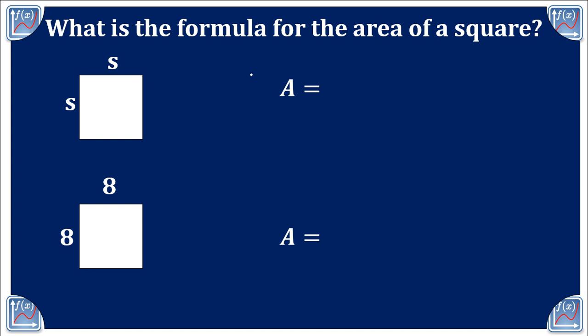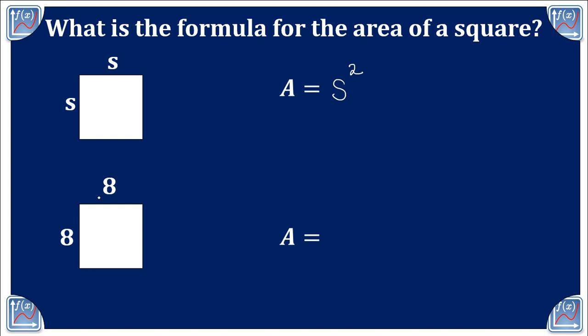So let's talk about where we get the word square number, perfect square number. So the formula for the area of a square. So the area of a square is the length times the width. Well, since a square has same sides all around, we can say that the area is the side squared.